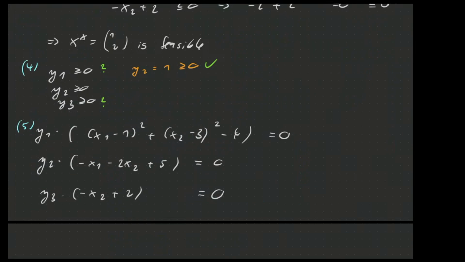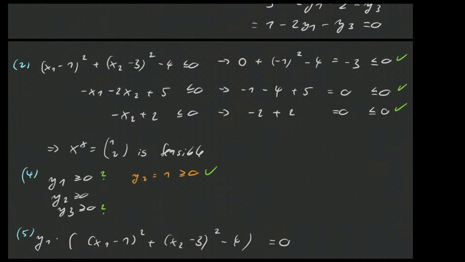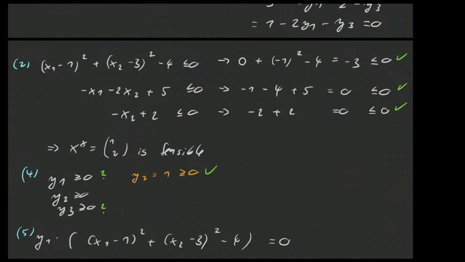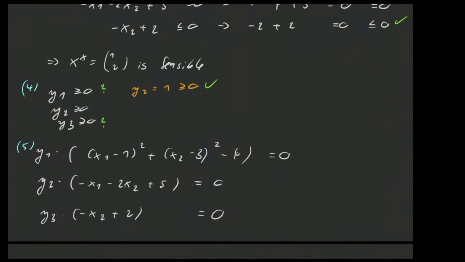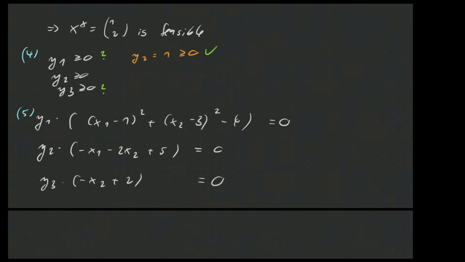Okay, for those you will remember, we have already evaluated those left-hand sides here when we checked the inequalities right there. We found those last two to be 0 and the first one to be minus 3. Right, so that was minus 3.